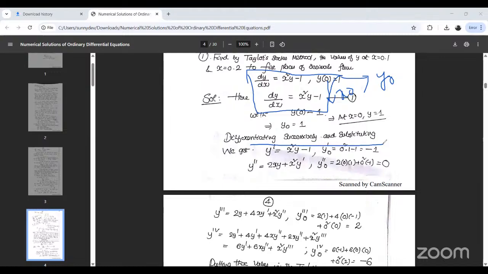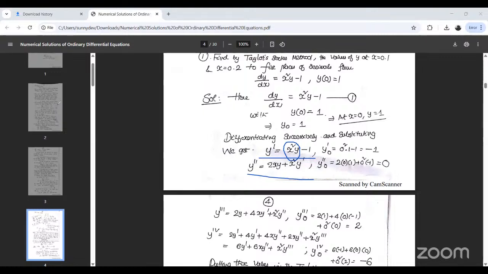First we are doing the derivations. So y dash is x square y minus 1. For y double dash, we apply the UV formula. I will explain.